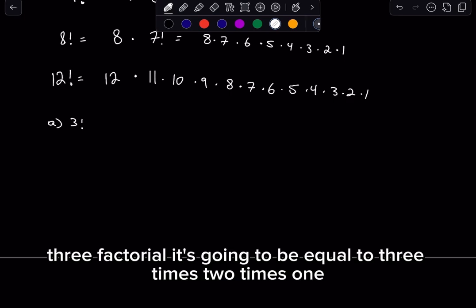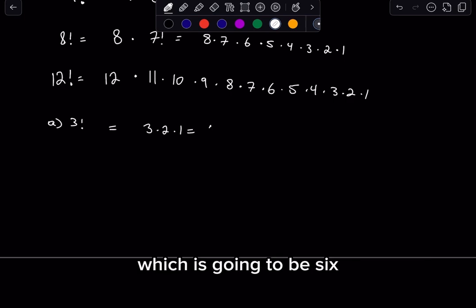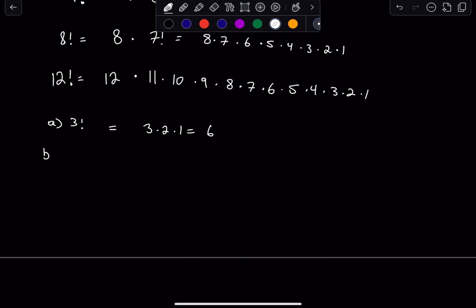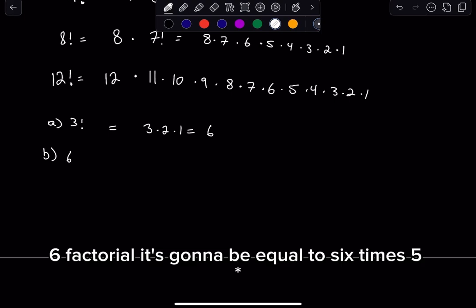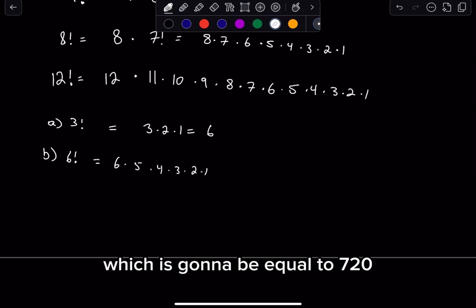Three factorial is going to be equal to 3 times 2 times 1, which is going to be 6. Six factorial is going to be equal to 6 times 5 times 4 times 3 times 2 times 1, which is going to be equal to 720.